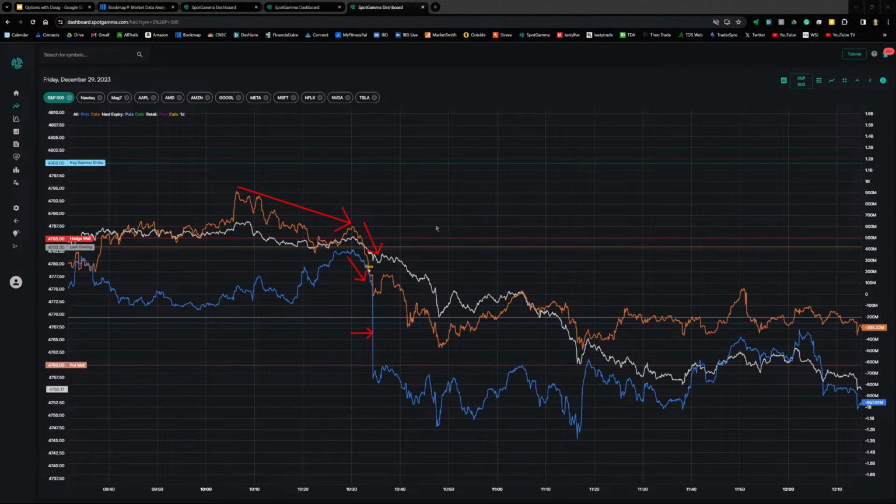When they stopped buying calls and started selling calls right around 10:05, that was the first clue to look for a short setup. And then this drop where both lines start moving in the same direction right around 10:30, that was the next clue.